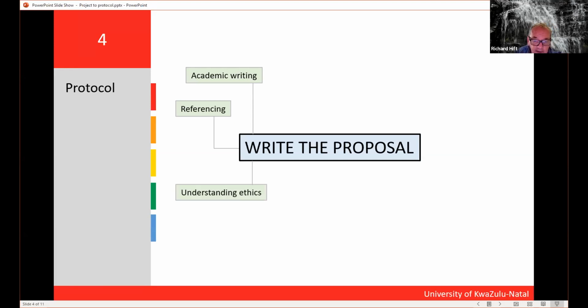Obviously, an essential part of the protocol submission is the ethics aspect of it. So it's very important that you understand the ethics for two reasons. One is, well, your own project is going to go through ethical review. So it's absolutely critical that you understand the standard against which it's going to be judged and held.